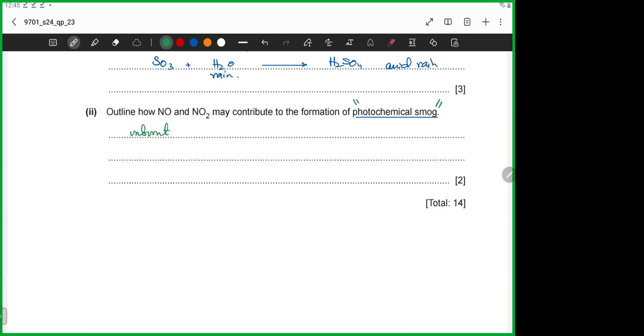This is peroxyacetyl nitrate, and then the unburned hydrocarbons, which will combine with NO and NO2, right? And they end up forming PAN, which is peroxyacetyl nitrate.